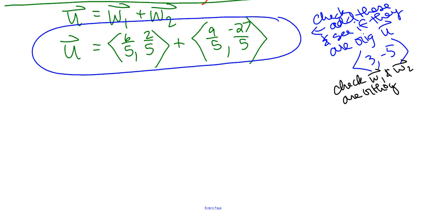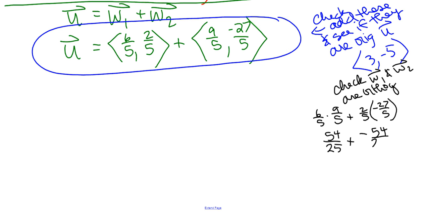And so let's just do that. So 6/5 times 9/5 plus 2/5 times -27/5. And what's 6 times 9? 54 over 25 plus, and this will be negative 54 over 25, and so that's 0.